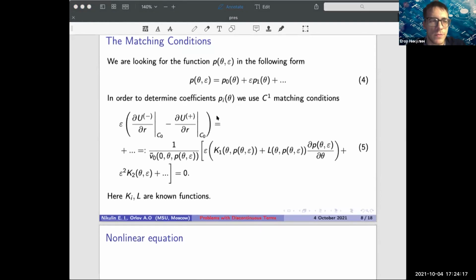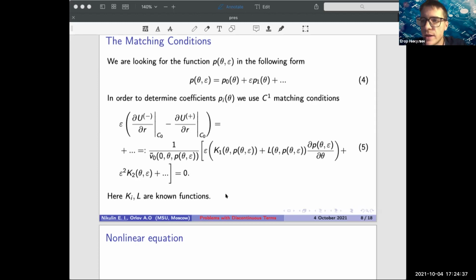The difference between the derivatives u minus and u plus can be represented as follows. Here, L and K i are known functions.